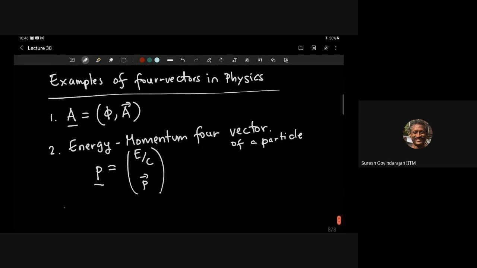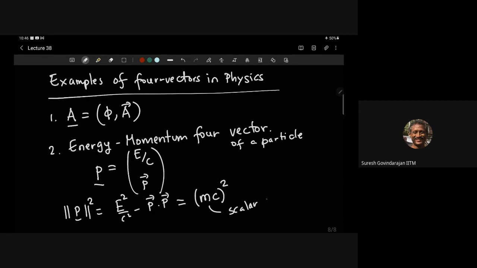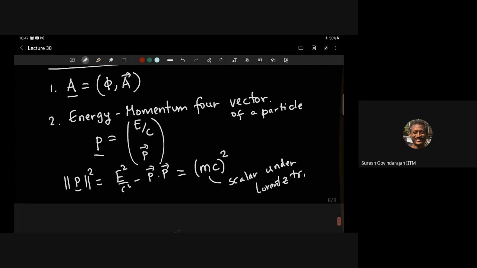We can ask what is the norm squared of this four vector. It becomes E squared by c squared minus p dot p. This is equal to m squared c squared. This is a Lorentz scalar, because it's just the norm of a four vector.